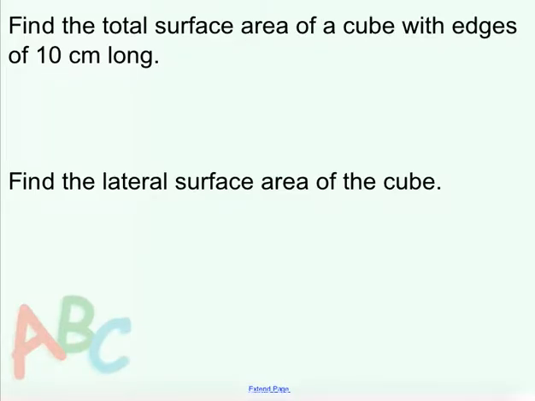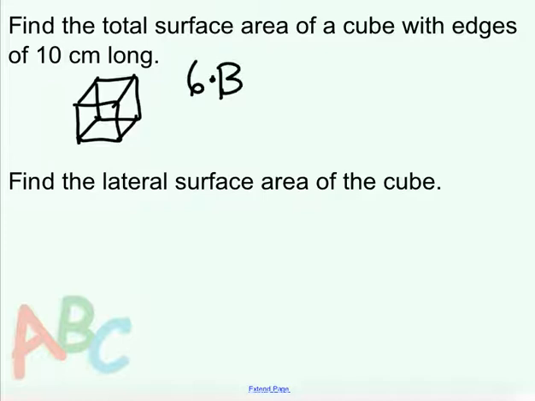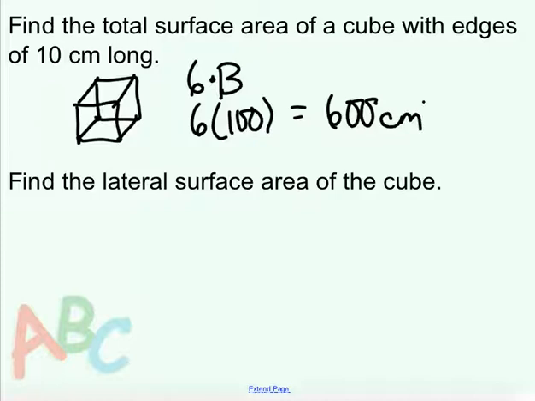Okay, so find the total surface area of a cube with edges of 10 centimeters long. If you think about a cube, all of those faces are going to be the same. So yes, we can plug it into our formula, or we can realize I really just need the area of the base times 6, which means 6 times 100 gives us a surface area of 600 centimeters squared.